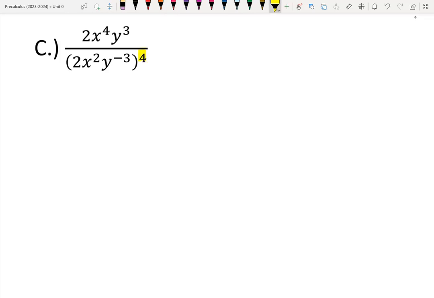I can take care of this 4, so let's distribute that in to each of those. And so then that will become 2x to the 4th, y to the 3rd, over 2 to the 4th... 2x to the 8th times y to the negative 12th.